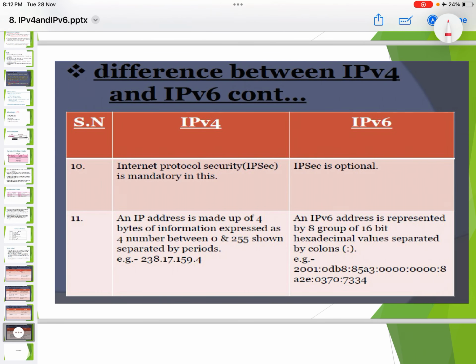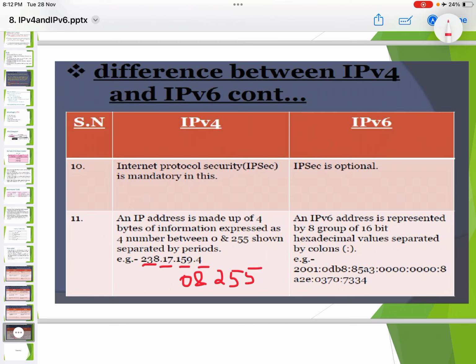Internet Protocol Security: IPsec is optional in IPv4, and mandatory in IPv6. An IPv4 address is made up of 4 bytes of information expressed as 4 numbers between 0 and 255, shown separated by periods. So you have 4 bytes and the number should be between 0 and 255.